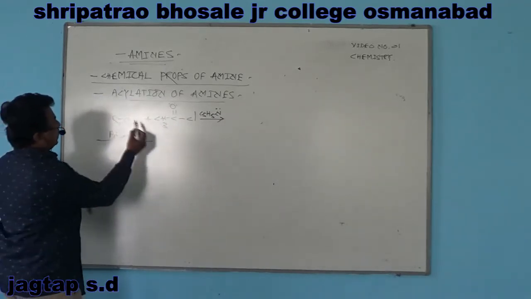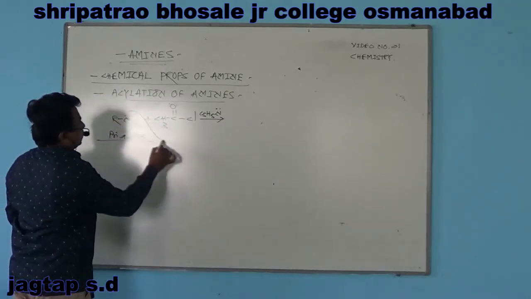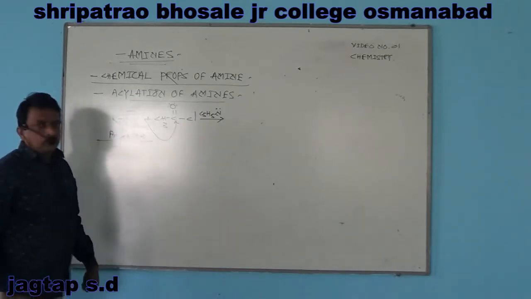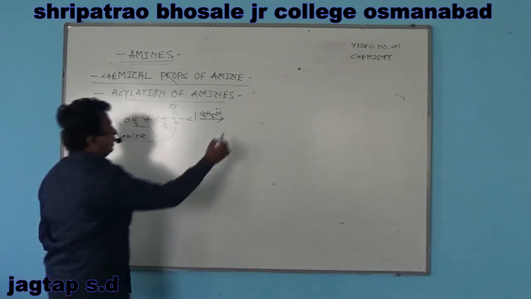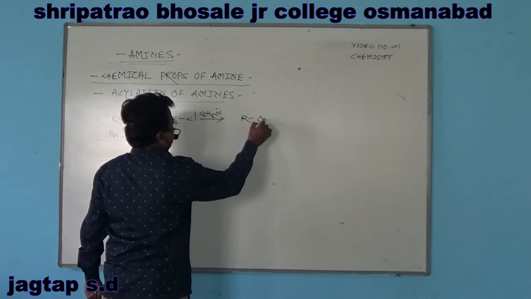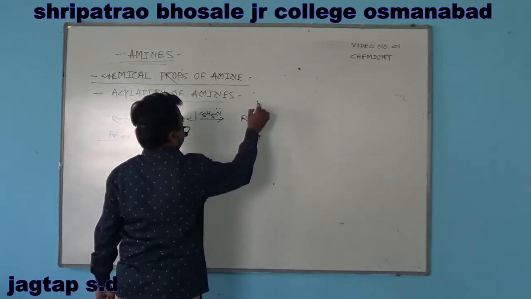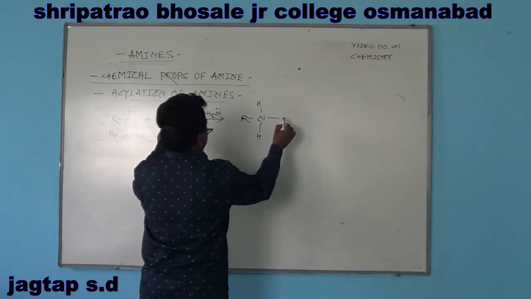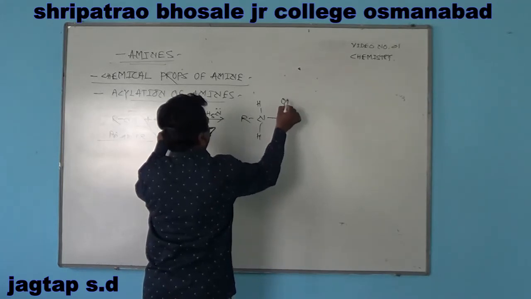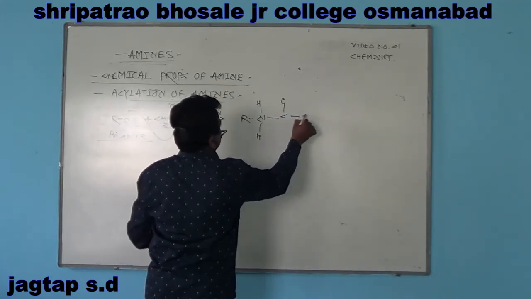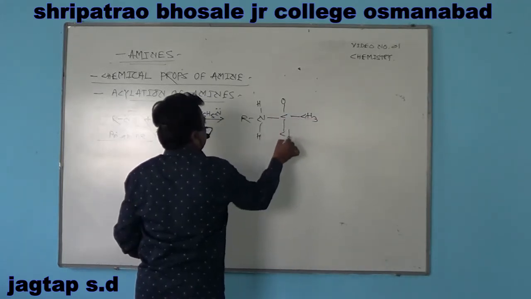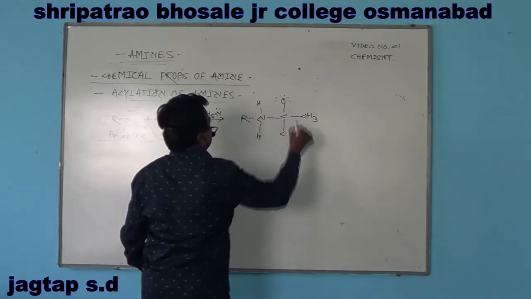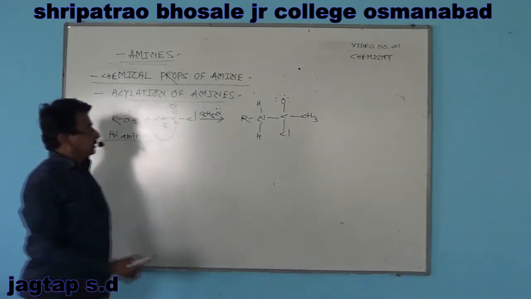Here nitrogen donates a pair of electrons to the electron deficient carbonyl carbon to form an intermediate RNH, then C-O, CH3, Cl. Here O contains 3 pairs of electrons.